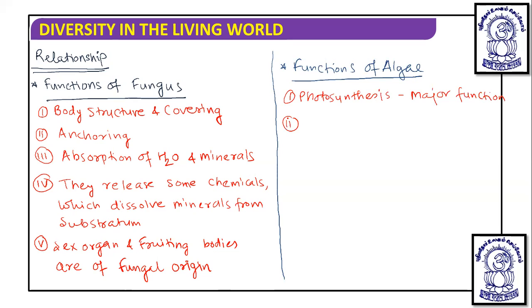The second is, if the algae is blue green algae, then they can also carry out nitrogen fixation. Apart from photosynthesis, if it is green algae, then only photosynthesis will happen. But if the algal component is blue green algae, then they can perform photosynthesis as well as nitrogen fixation.